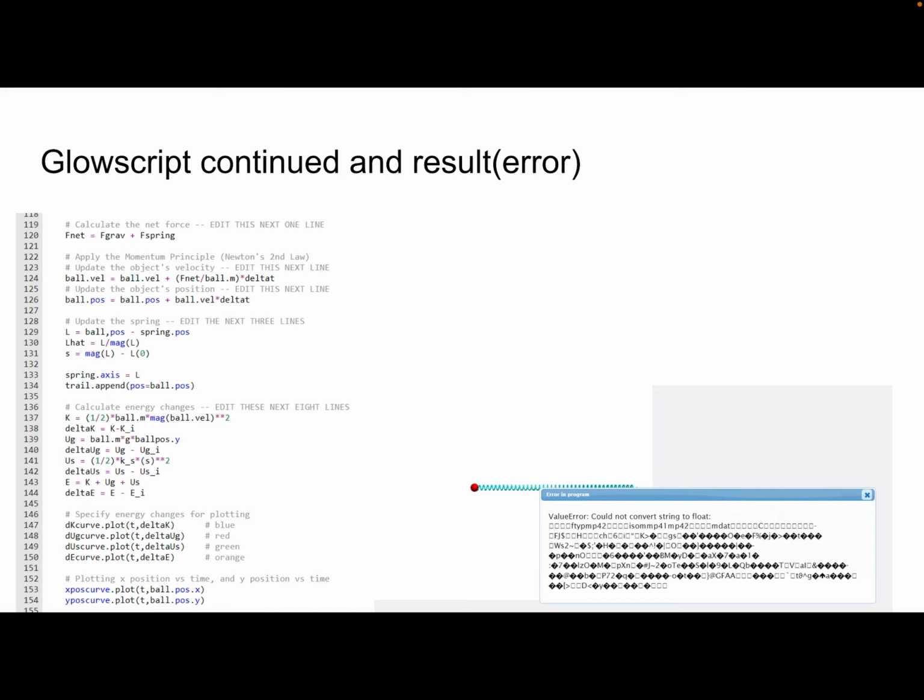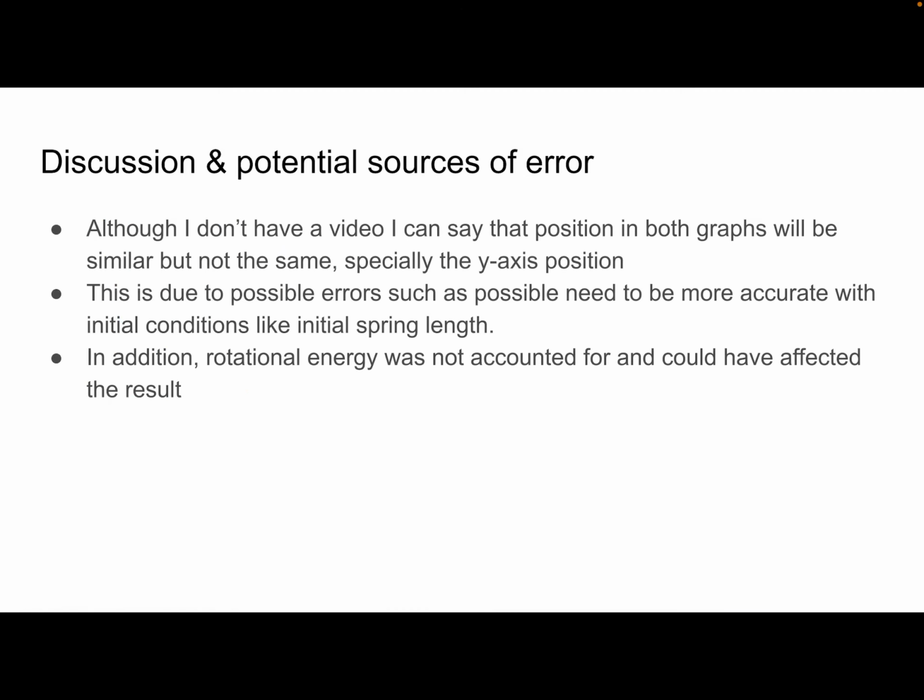And unfortunately, my video did not work well, and I was not able to compare the tracker and the GlowScript. So although I don't have a video showing you the graphs, I can still say that the position in both graphs will be similar, but not the same, especially the y-axis, because there are more forces in the y-axis than in the x-axis.